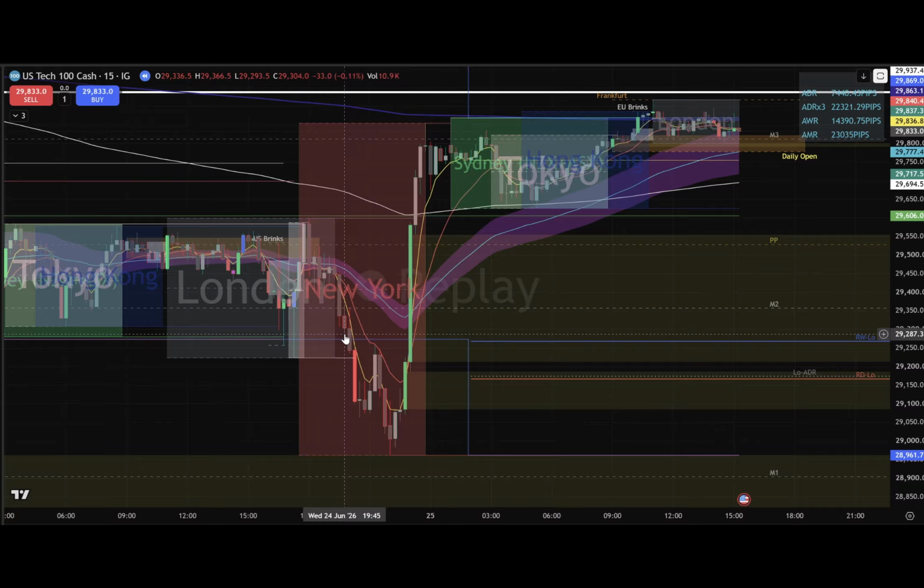So as you can see, in the 15 minutes time frame, we are looking at last Wednesday, June 24th. You have a down movement, below the 50 EMA, which is the purple cloud with the light blue line in the middle of it. Those other lines are different kinds of EMAs.